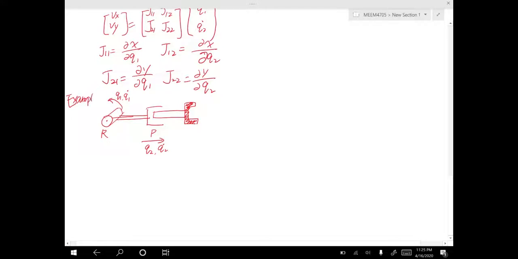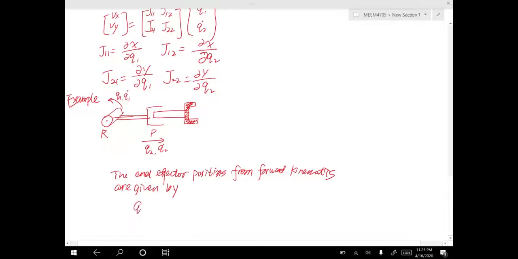For this example, we know that the end effector positions from forward kinematics are given by x equals Q2 cosine Q1, and y equals Q2 sine Q1.